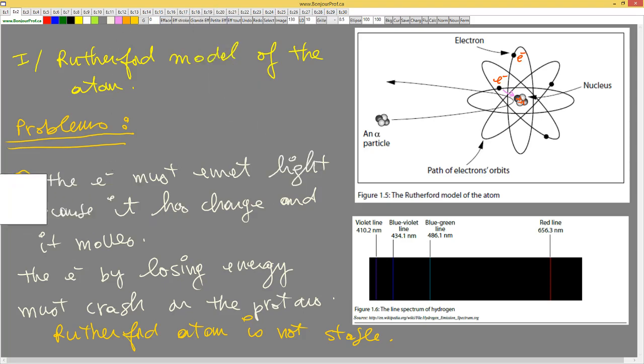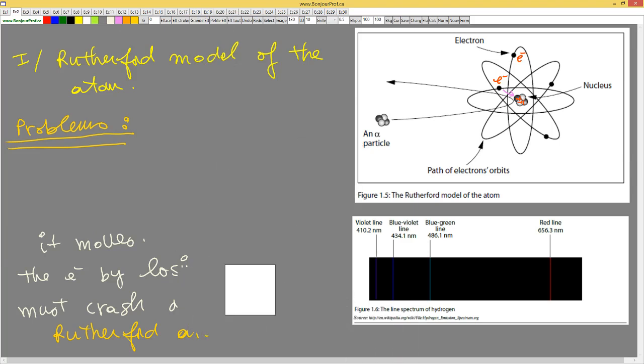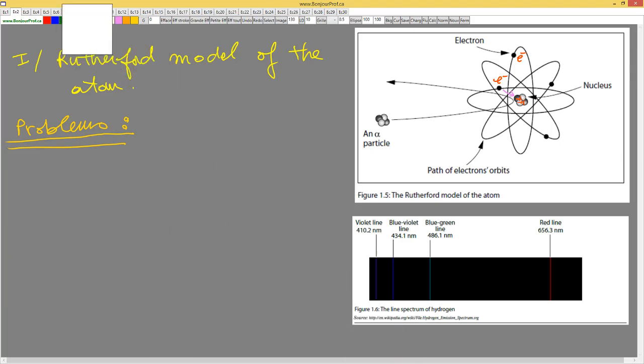The second problem is what we call the emission spectrum, the hydrogen spectrum.